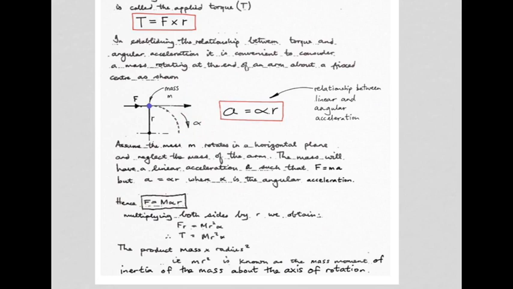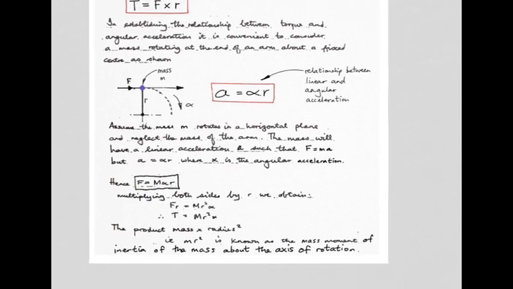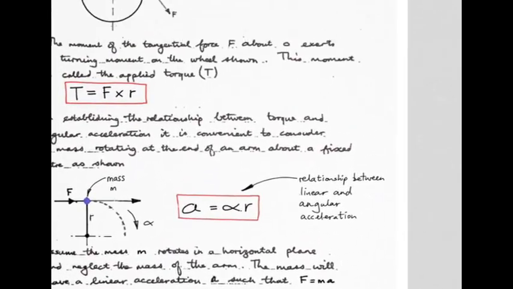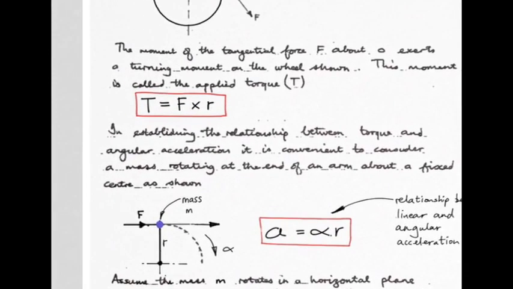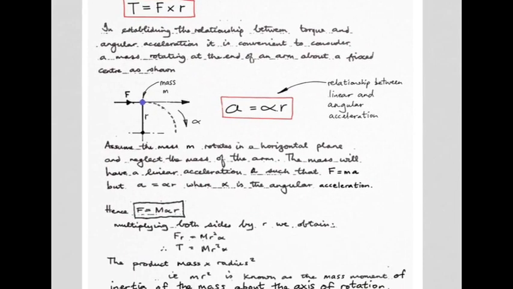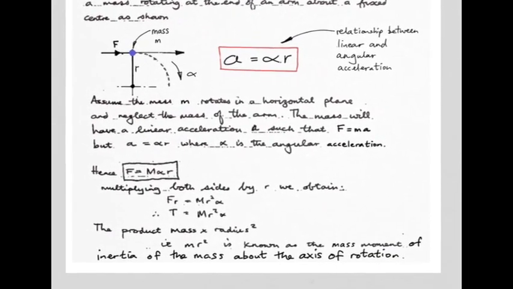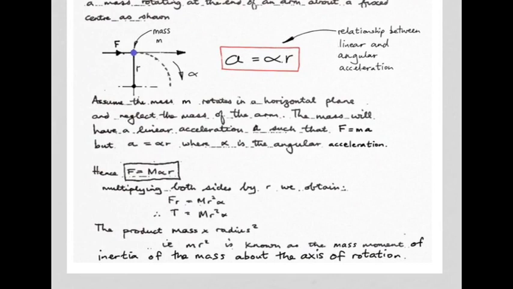Now remember that linear acceleration is F equals ma, and remember that the angular motion, or the force causing it, relates to torque via this equation over here. So if we go back, we can get to a point where we end up with torque required for this angular acceleration to be m times radius squared times alpha.